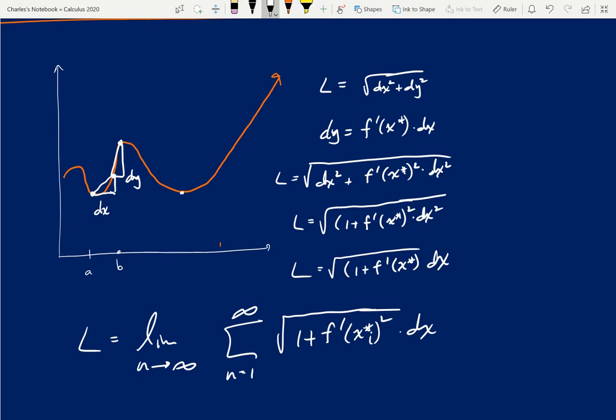And if I picked two other points, it's the sum of all these different lines as you approach infinity that is going to equal that curve.